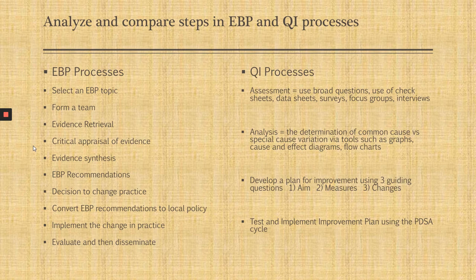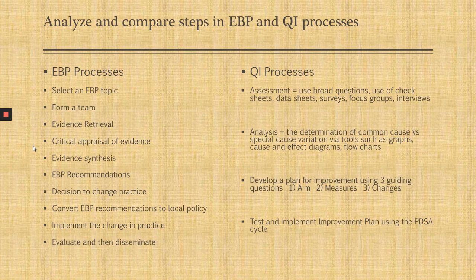So let's look at the EBP process first. It says to select a topic, which we've asked you to do at the beginning of this course as an example. On the QI process, that can come up with assessment. You're using broad questions, check sheets, data sheets, some of those processes we talked about, surveys, focus groups, and interviews, to figure out where is a problem?